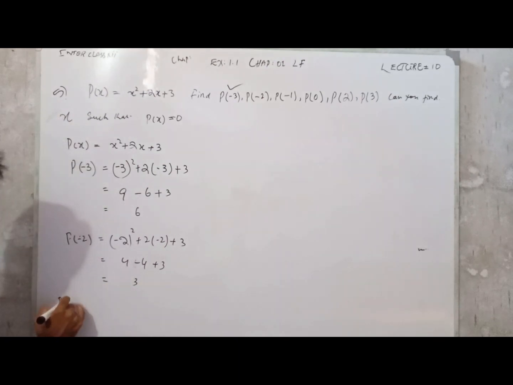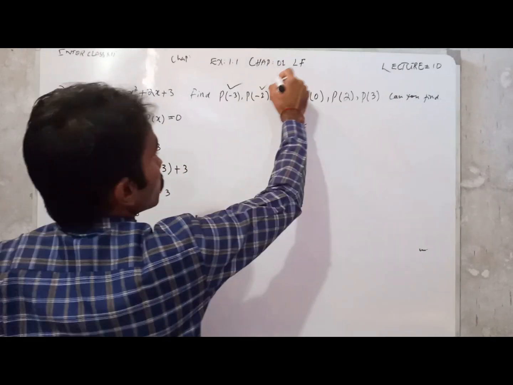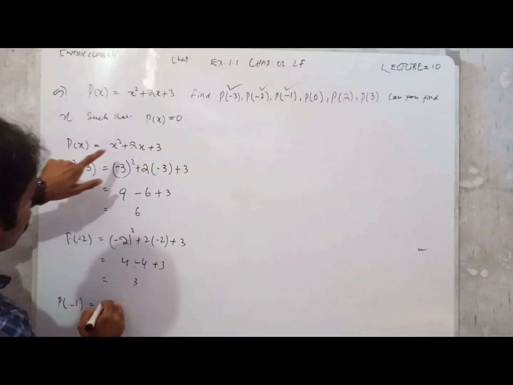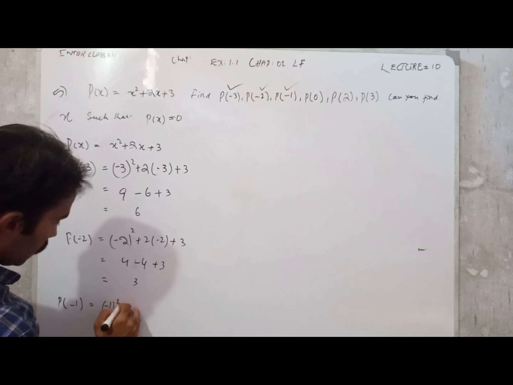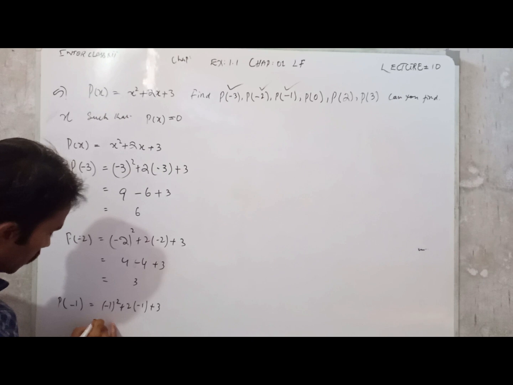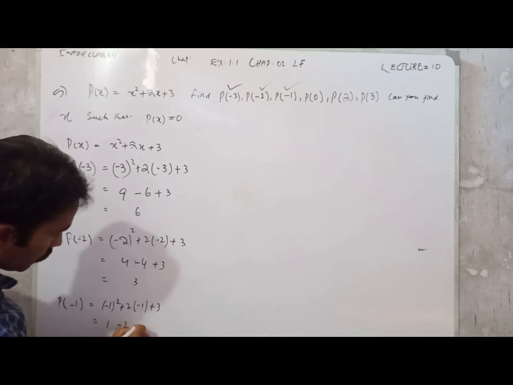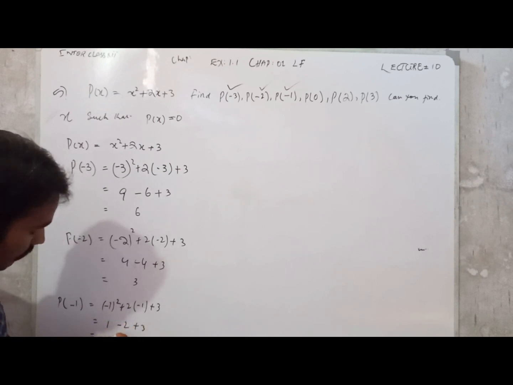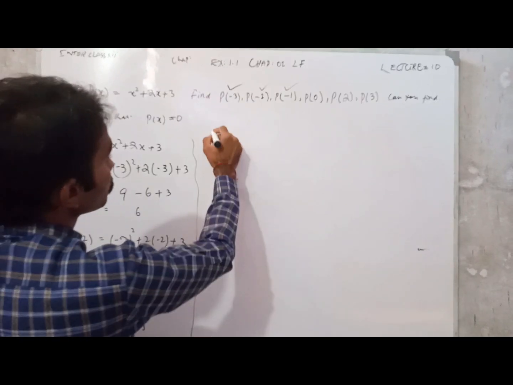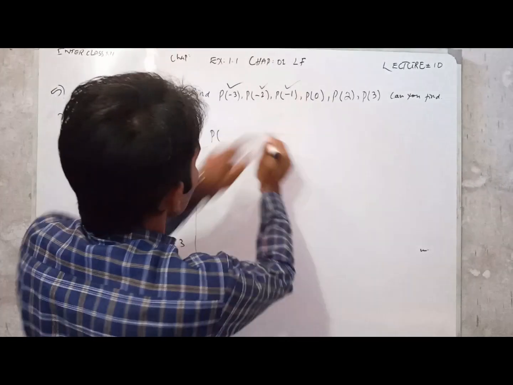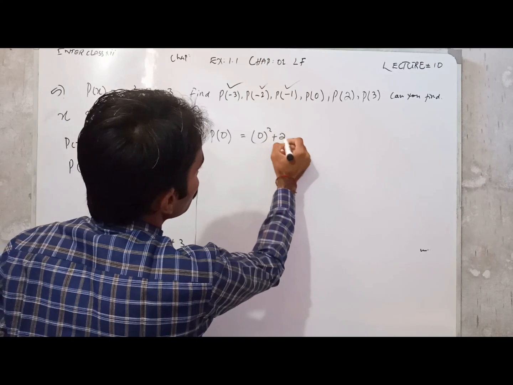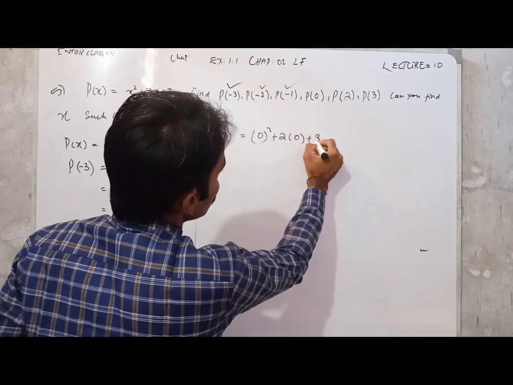So now we will put minus 1. It will be minus 1 whole square plus 2 times minus 1 plus 3, which is equal to 1 minus 2 plus 3. So it will be 2. Now we will put 0: 0 square plus 2 times 0 plus 3.